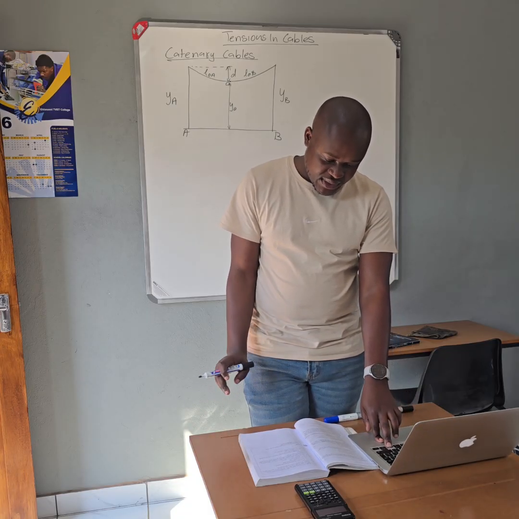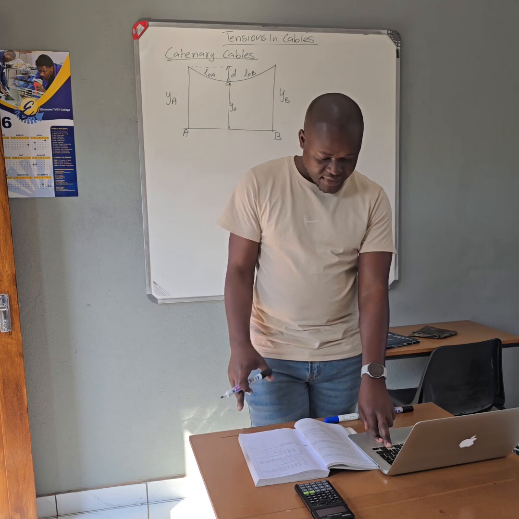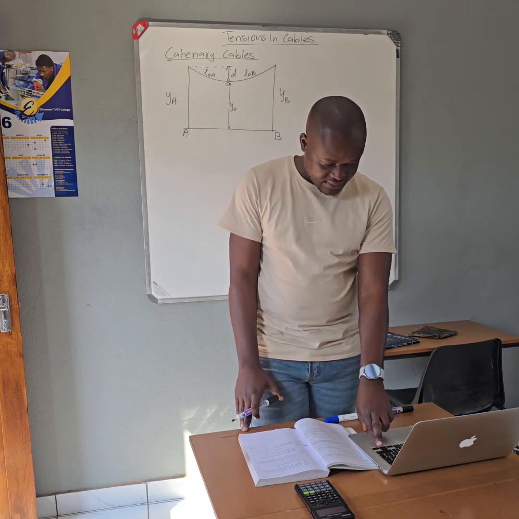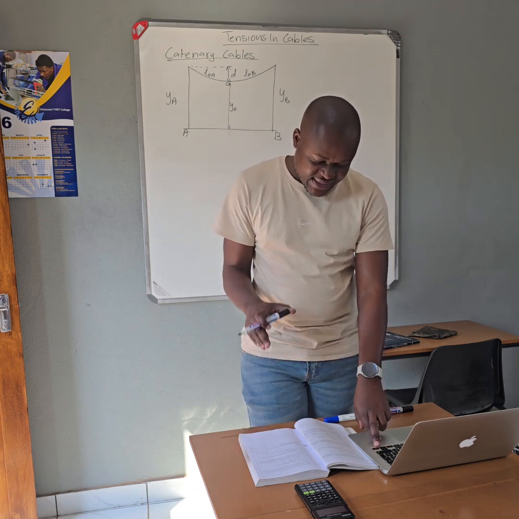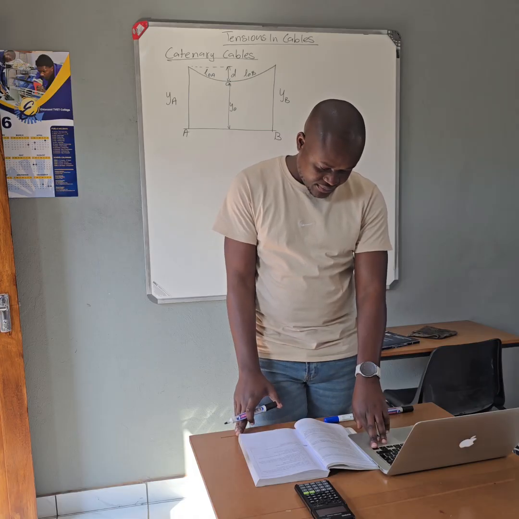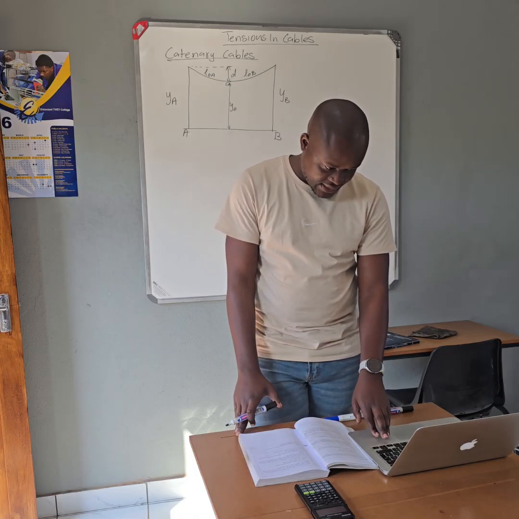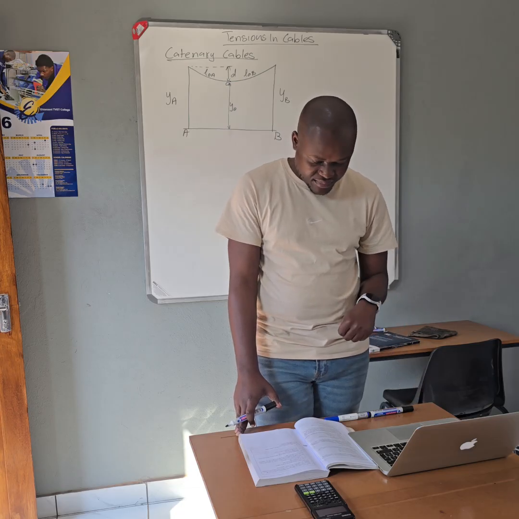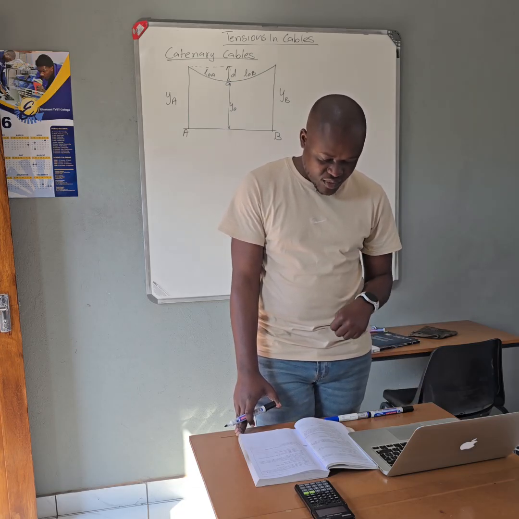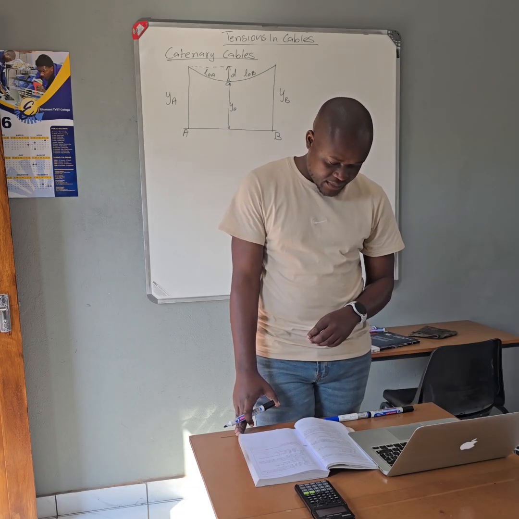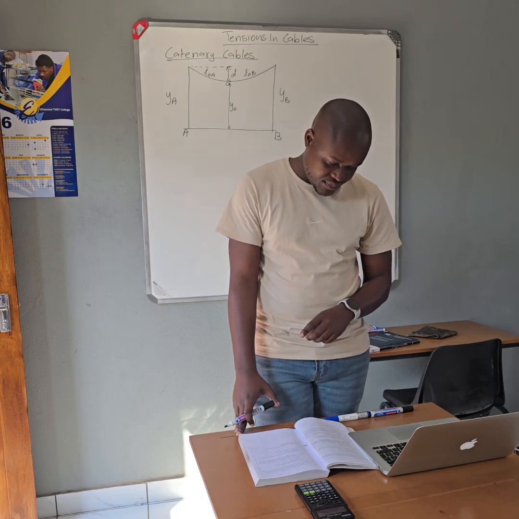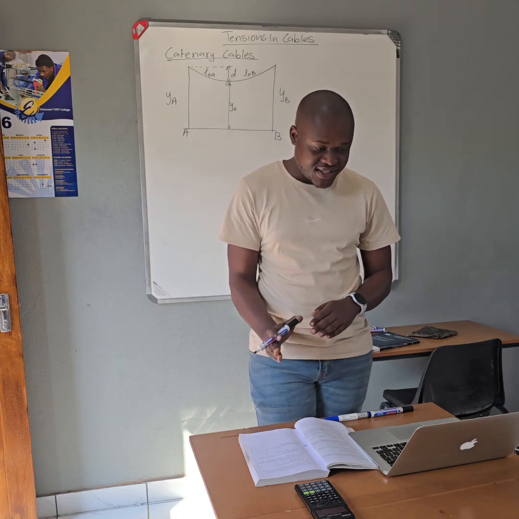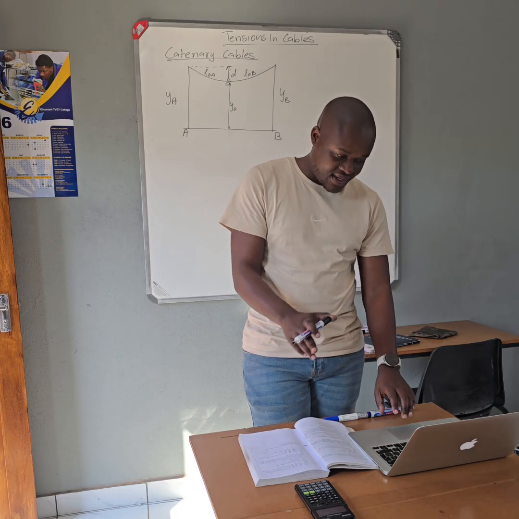The distance between the supports is 80 meters, and the sag of the cable is 8 meters. The length of the cable is 82.1 meters. Calculate the maximum tension in the cable.